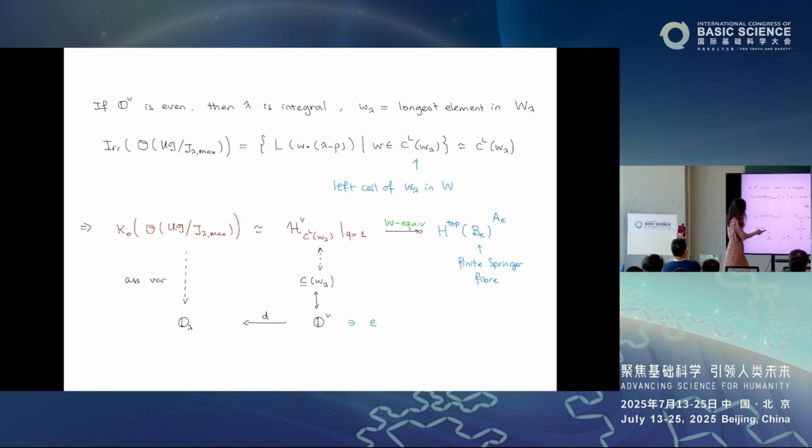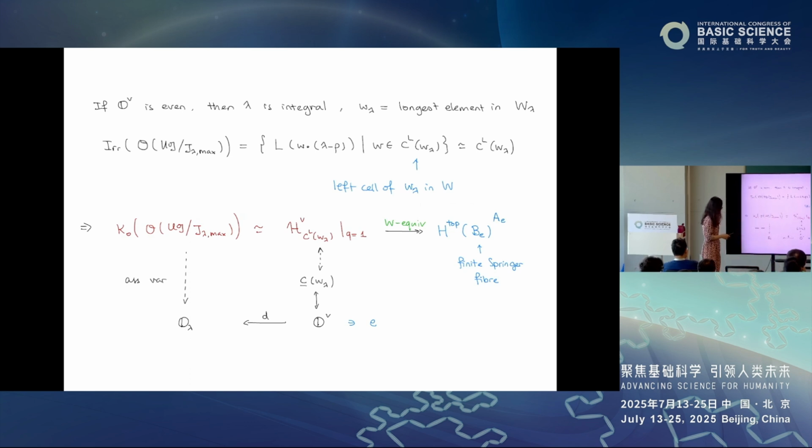In the finite case, it specializes to a bijection between two-sided cells in the finite Weyl group and special orbits in the dual nilpotent cone. And since all the even orbits are special, this corresponds to some two-sided cell for W lambda, and then you have this relation with the left cell.